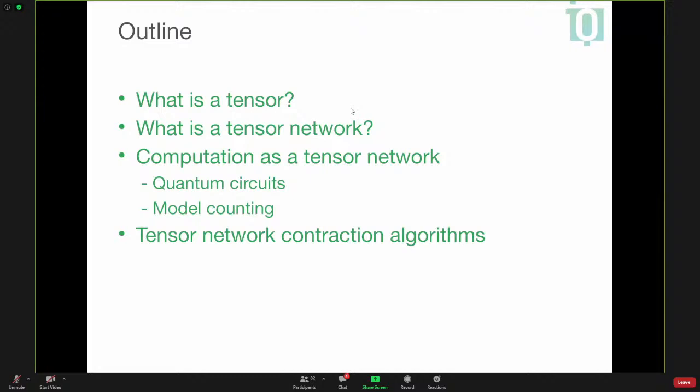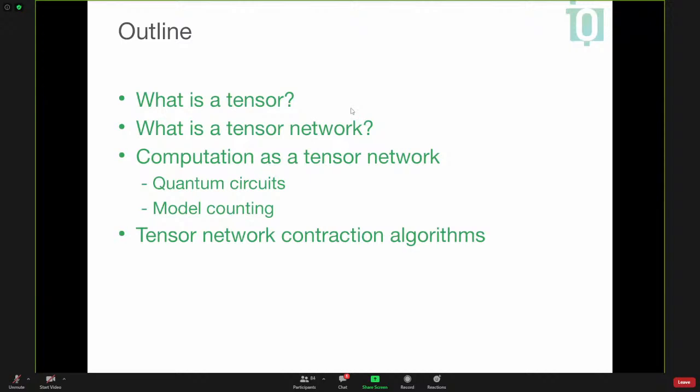Then I will show you how to represent computation in general as a tensor network, and I will use two examples. The first is quantum circuits, and these quantum circuits can be made out of universal gate sets, which means that we can represent any quantum computation as a tensor network.